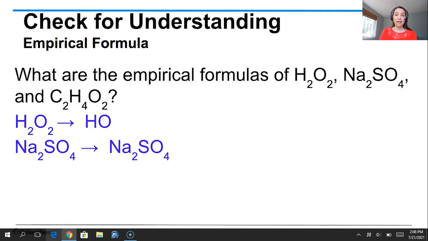And so therefore we can't divide all of the subscripts by any whole number and get whole numbers. So that means that the empirical formula and the chemical formula are the same in this case. We can't reduce those subscripts any further. And lastly, C2H4O2, if we divide all of the subscripts by 2, we do get whole numbers. That's our lowest common factor, and it gives us CH2O for an empirical formula.